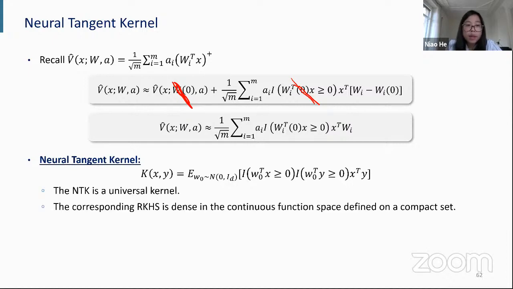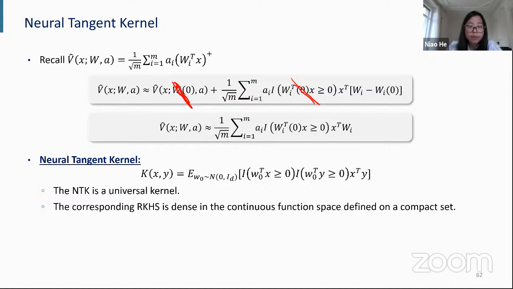And this neural tangent kernel is well known to be a universal kernel, in the sense that the corresponding reproducing kernel Hilbert space is dense in the continuous function space. Meaning that if you have any continuous function with a compact domain, you can approximate it arbitrarily well using this kernel function.